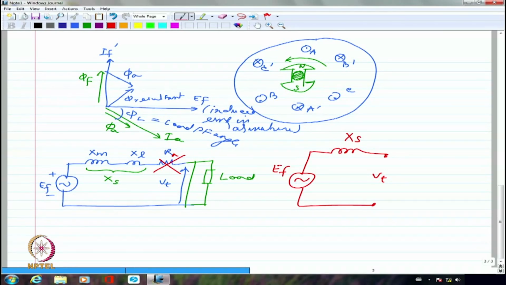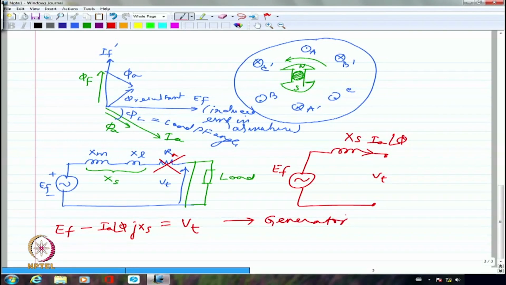Only difference would be that if I say this current is Ia, of course with the power factor angle, Ia angle phi, I am going to have EF minus Ia angle phi multiplied by jXs will be Vt in a generator. In a motor, it will be just the other way round.